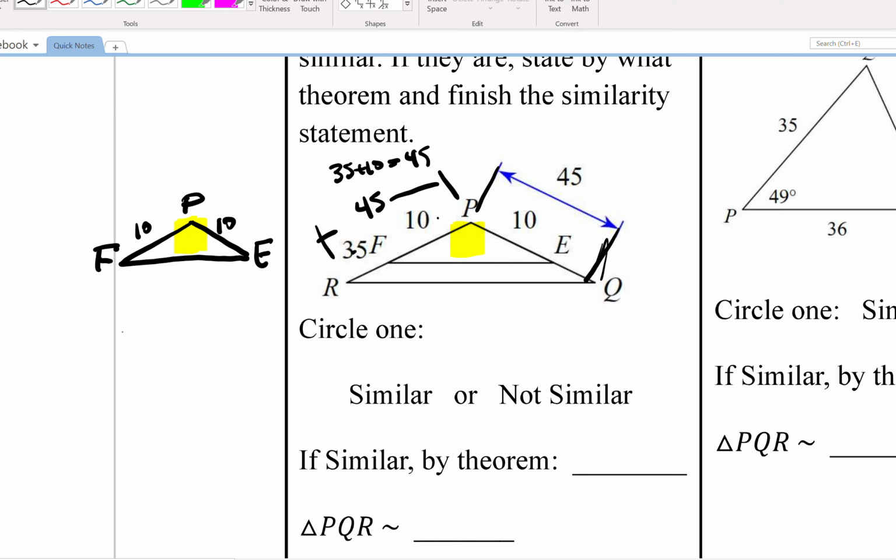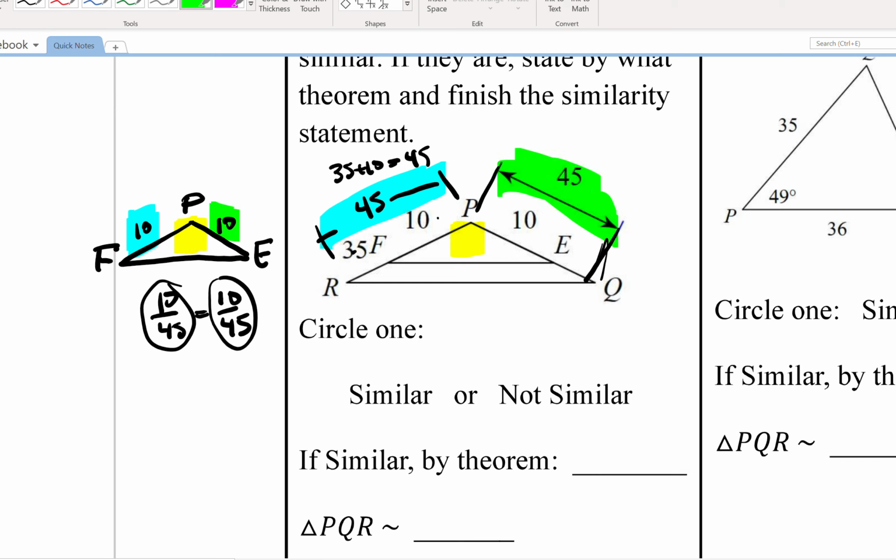So you could say 10 is to 45 as 10 is to 45. That's the proportionality of their sides, and that proportion is obviously the same on both sides.